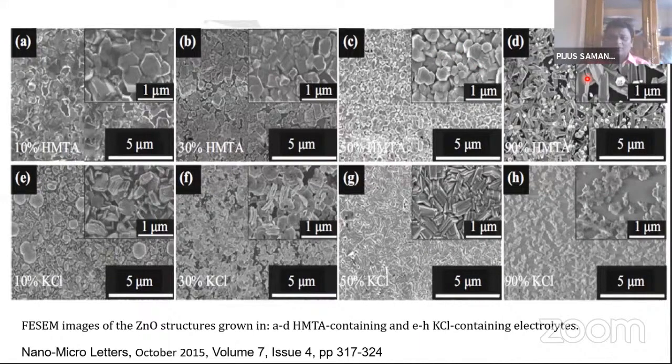Okay, so now in these bottom SEM images, we have used KCl, the percentage of KCl solution added to this. This is 10%, 30%, 50%, and 90%, and you can see a clear change in the morphology of the synthesized patterns. So these data are taken from this paper. You can also read this paper for details of the method regarding all the precise controls of the parameters.